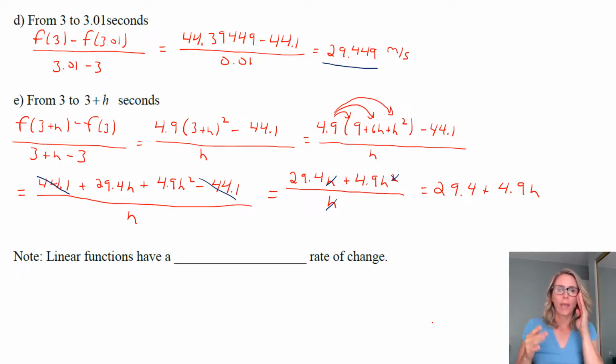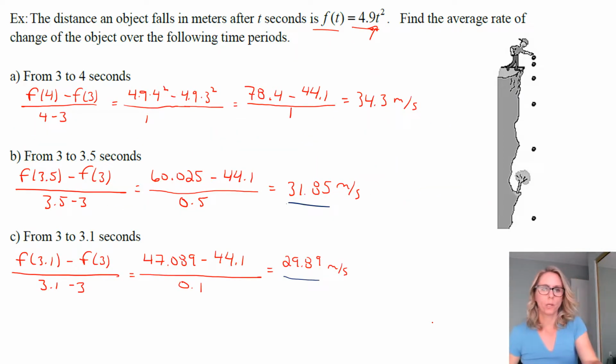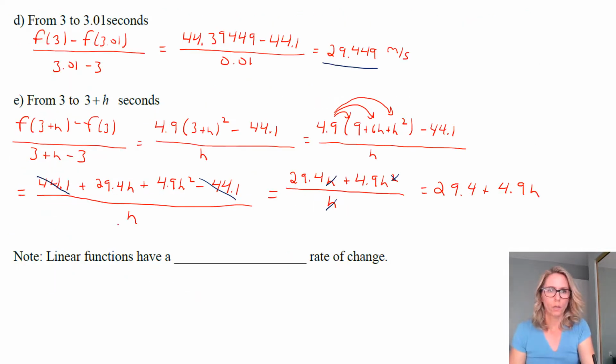Now, all this means is, you could answer basically any question from this problem, meaning h could be anything. So in our case, I want you to notice that in the first situation here, h was 1, because the difference was 1. Here, the difference h is 0.5. Here, h is 0.1. And over here, h is 0.01.